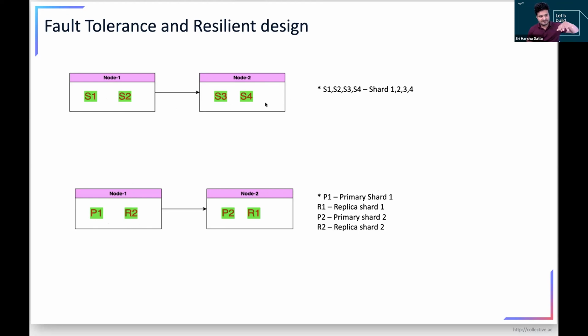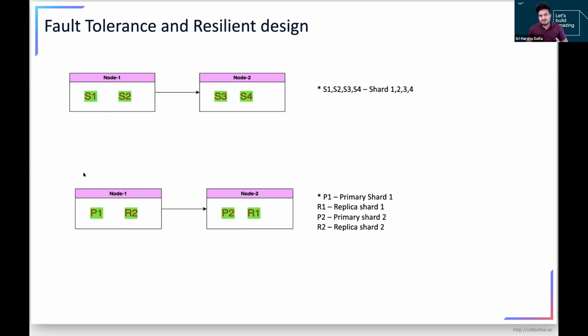In the second, there are only 2 shards, but instead of just 2, I'm creating a replica for each. For P1, primary 1, I'm creating a replica called R1. For P2, primary shard 2, I'm creating a replica called R2.